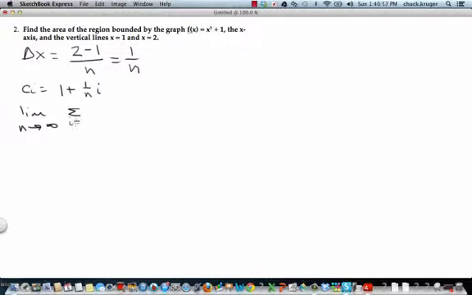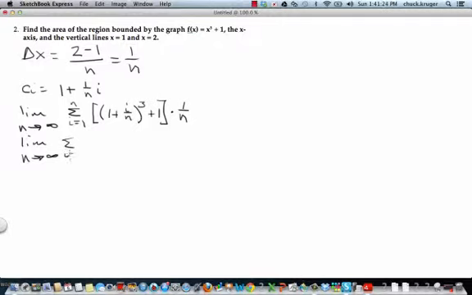Summation of i equals 1 to n of my function: I'm going to plug in (1 plus i over n) to the third power plus 1, times 1 over n. Right, I'm going to take the limit as n approaches infinity.